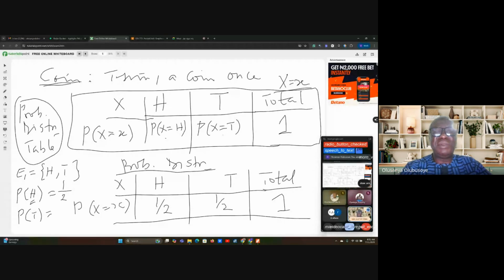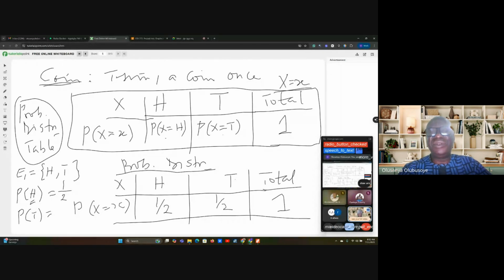So in the probability distribution table, each possible outcome has the corresponding probability value. Which simply tells us the degree of uncertainty or certainty. The likelihood of head appearing is 50%.